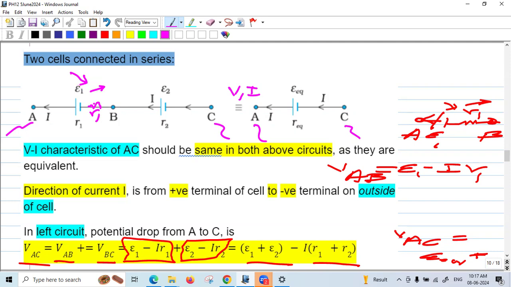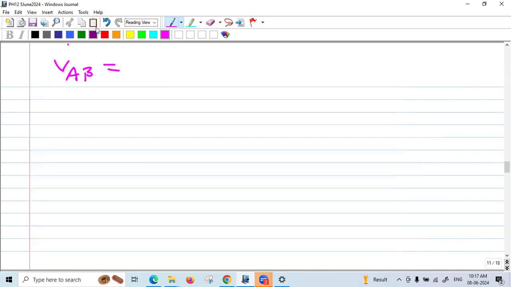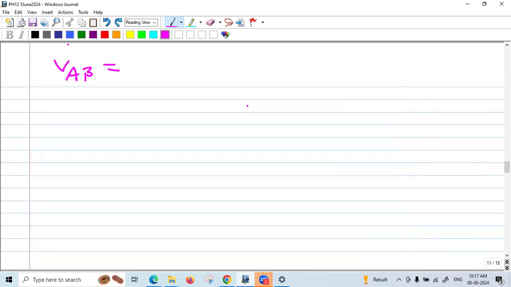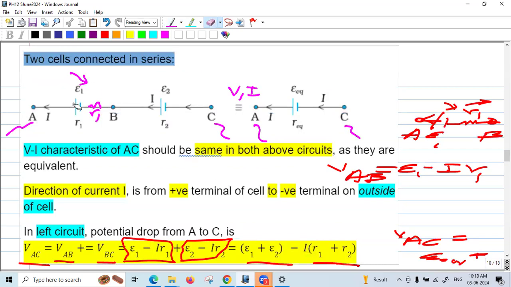So the net drop from A to B is E1 minus I r1. Actually, I1 is the same as I, because these two cells are in series. Whatever current goes through the first cell is the same current going through the second, so I can put the same I for both.